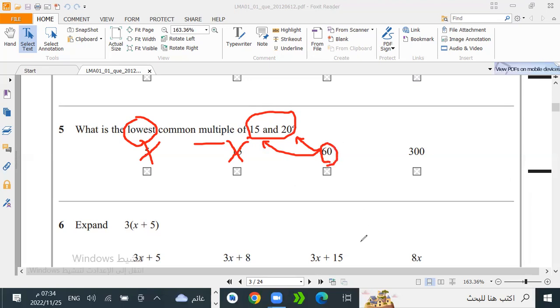Do you understand? He wants the smallest multiple. It's 60, because it can be divided by 15 and by 20. Do you understand the idea?